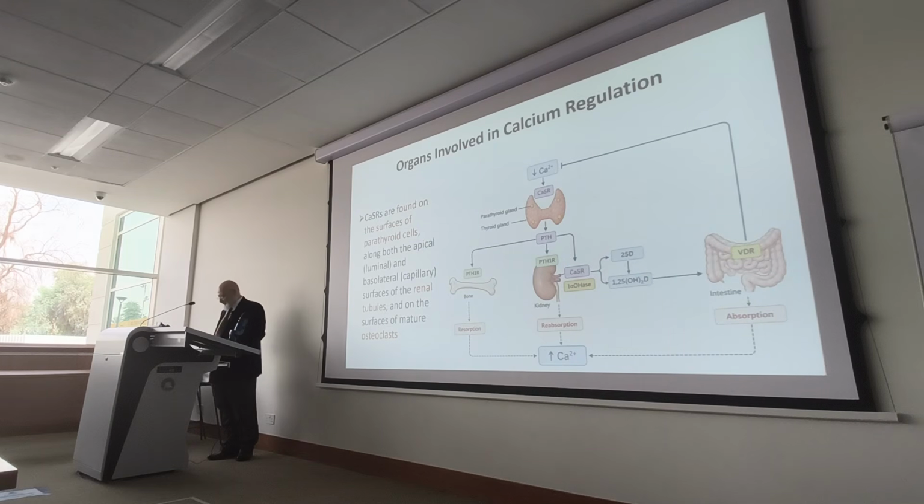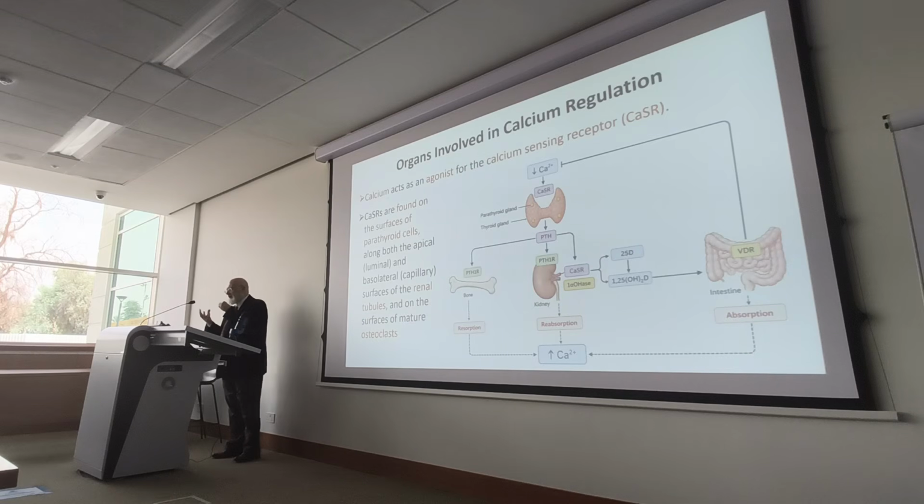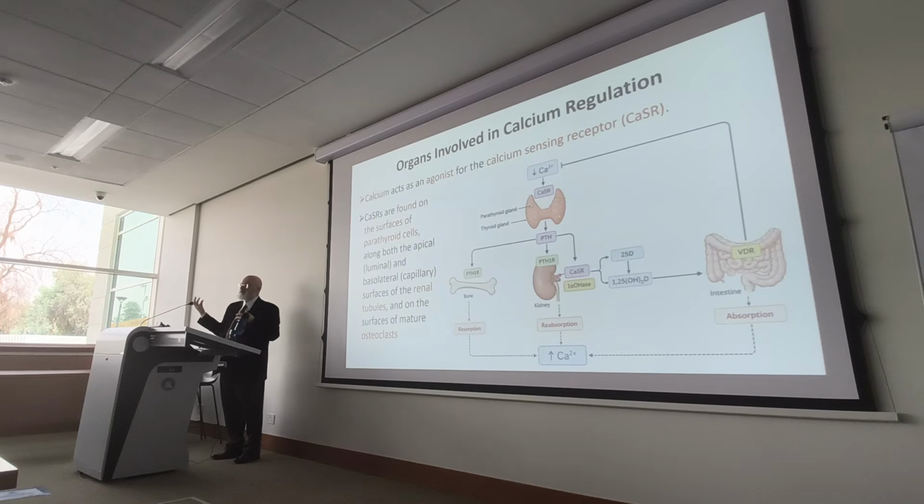These are receptors that need an agonist or ligand, which is the ionized calcium. So the ionized calcium circulates in the blood and is sensed by those calcium sensing receptors, which tell us how much calcium you have in the body.